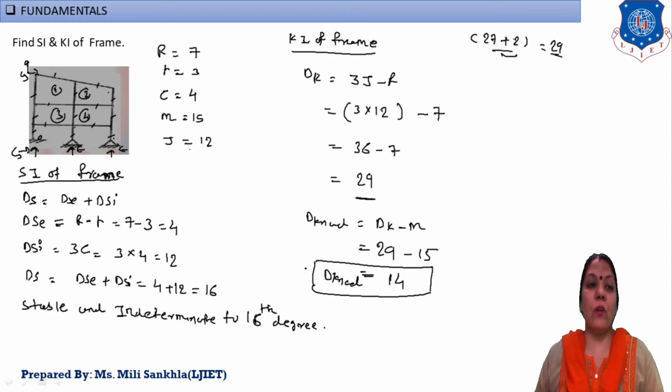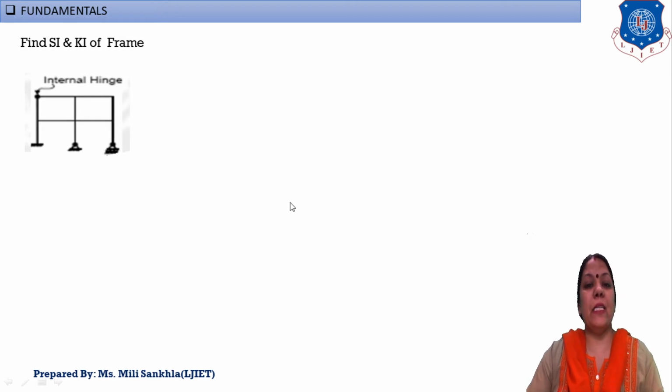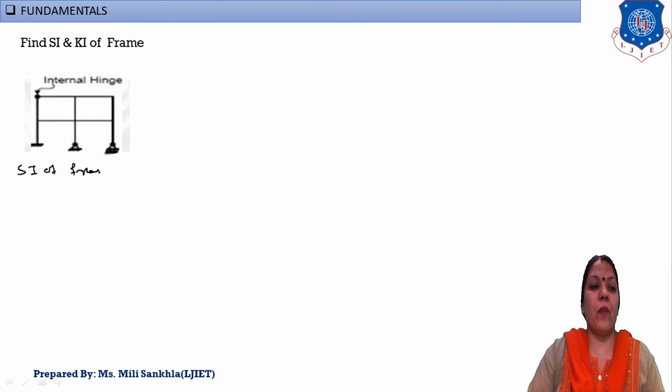Now we solve another example of frame. In this frame an internal hinge is given. This is again another type of frame. First of all write down SI of frame right here. Here dse is equal to capital R minus small r, and what is the equation of dsi?